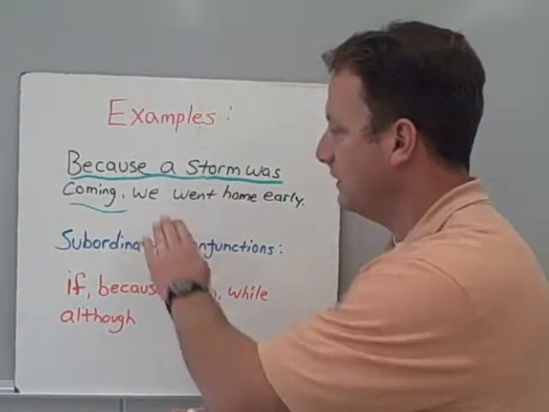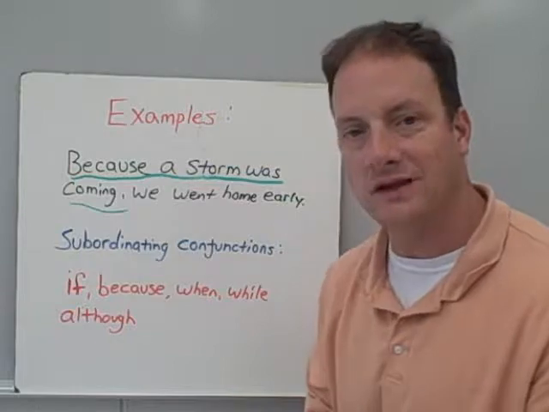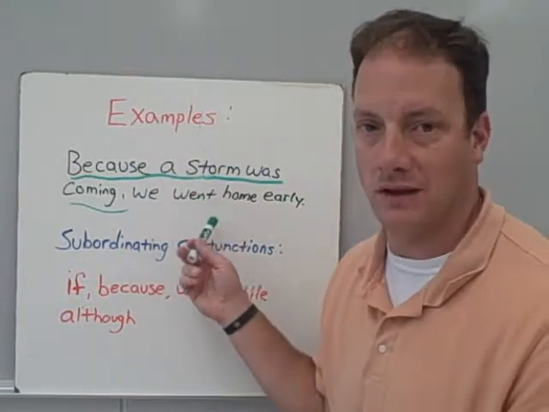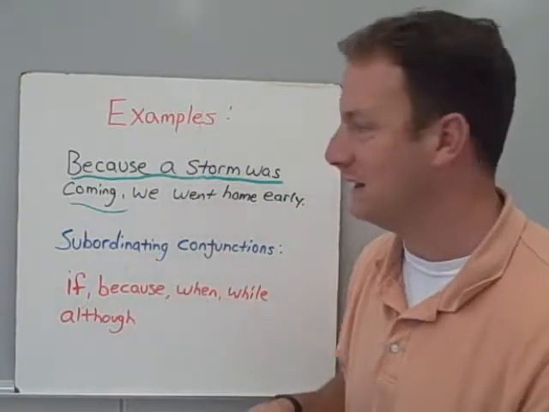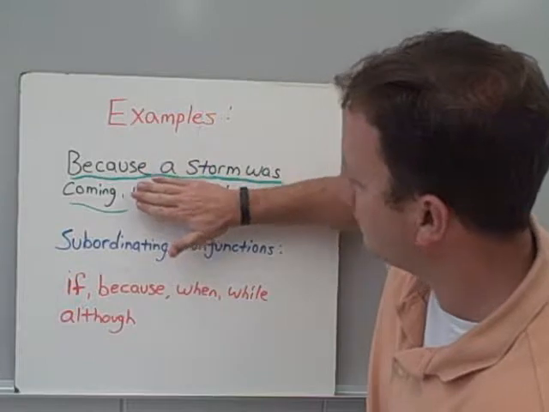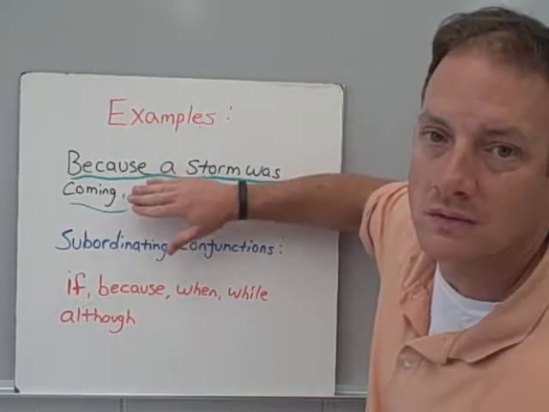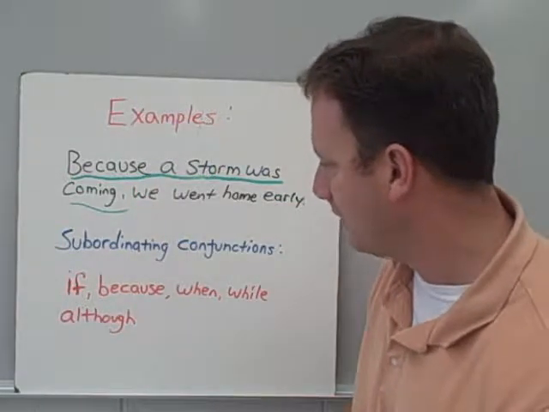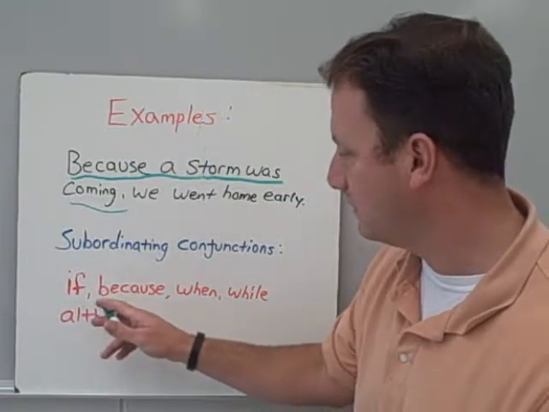All right, if you saw this, we went home early, by itself, you know that that is a complete sentence. It means it has a subject and a predicate with it, okay? We went home early, you would understand what that means. But let's focus at this point on, because a storm was coming. Well, we don't know what we need to add to it, all right? Remember, I said our subordinating conjunction, we need to look for this, and it says because.